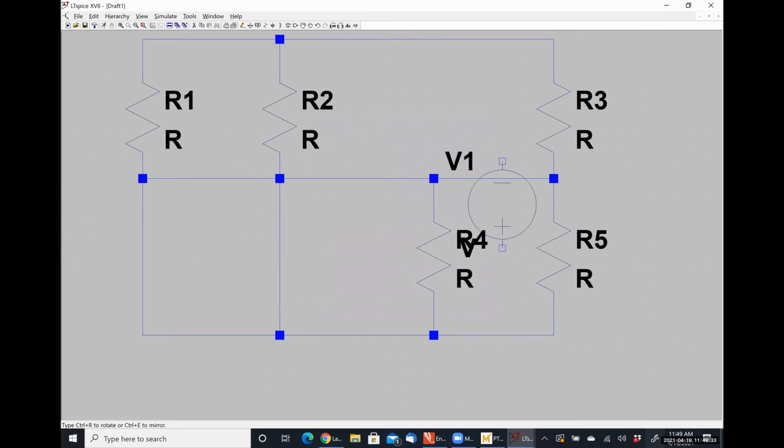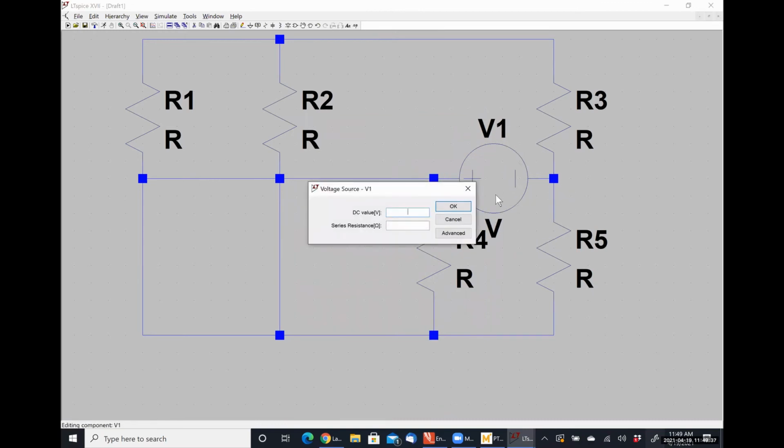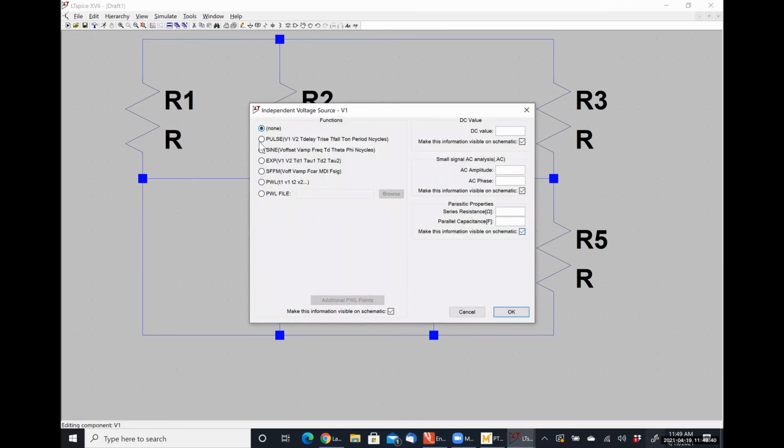The voltage source went here, and it was 10 angle 0. So we would look at 0 DC offset, its amplitude was 10, and we would have to give it a phi or phase angle of negative 90 degrees to convert it into a cosine.